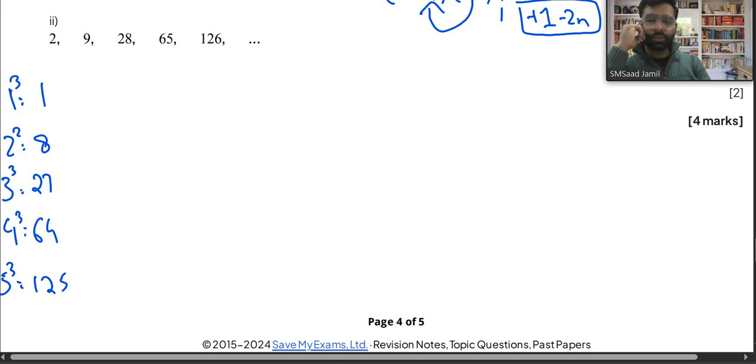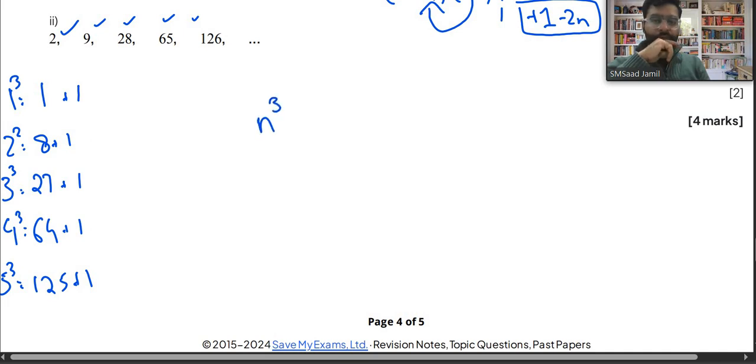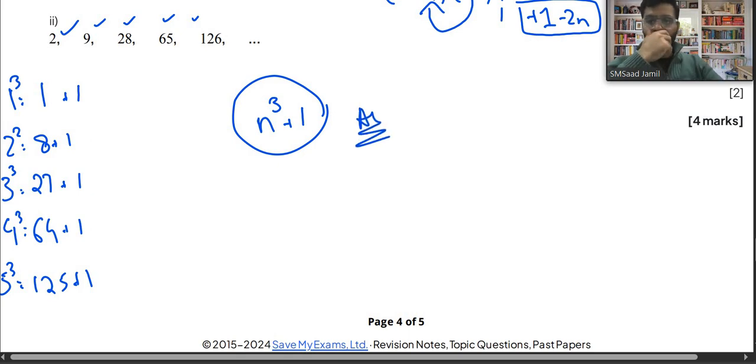And if you look at the question, all these values are just one number greater. It means plus 1, plus 1, plus 1, plus 1, plus 1. So it means the answer is n cube plus 1. That is your answer. Alright guys.